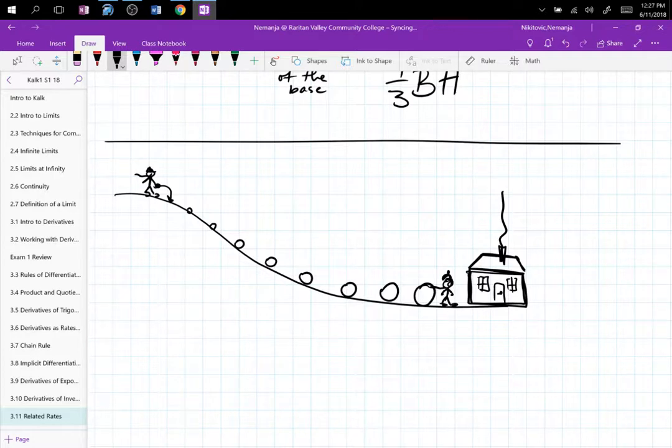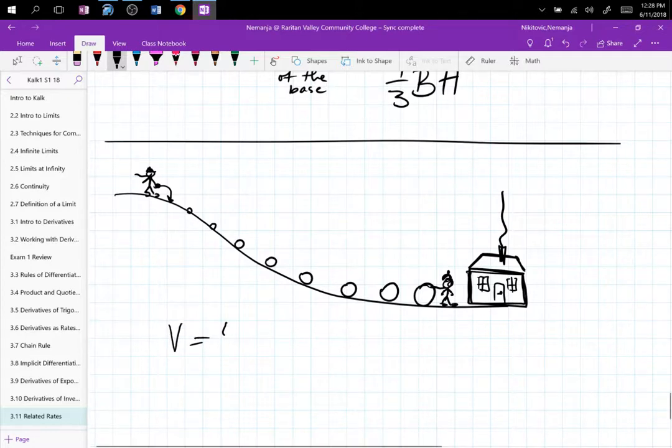Mass. What else? Size, which is related to radius, and I'm still looking for the volume. Thank you. So yes, mass is related to volume, and as the radius grows, volume grows, and also the speed and all of that kind of stuff.